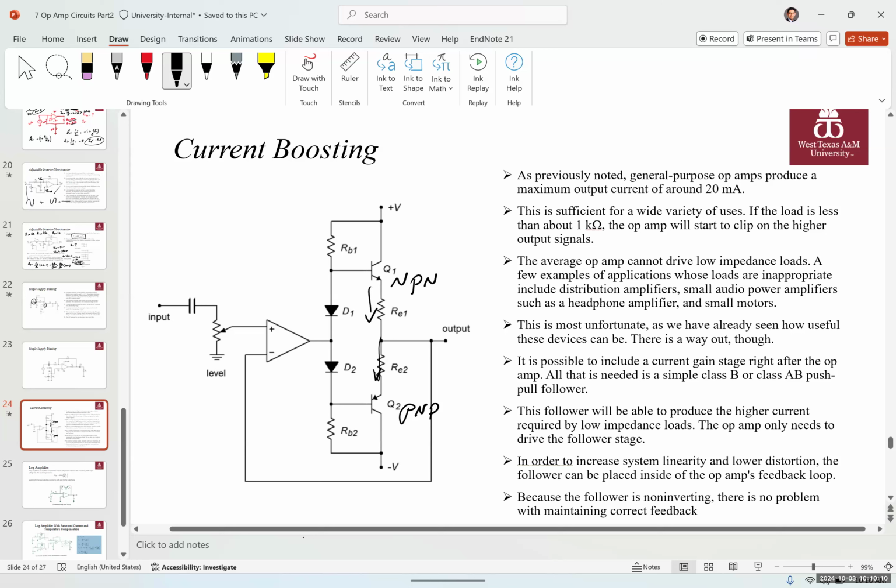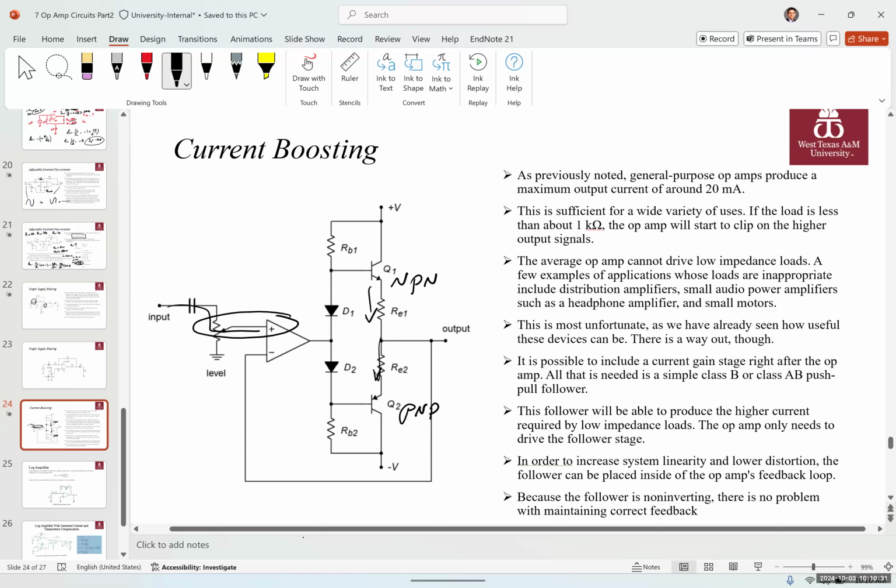Sometimes to increase the system linearity, we can put this inside the op amp's feedback as well. The other thing that I want to mention is that here the input is connected to the non-inverting input of the op amp.